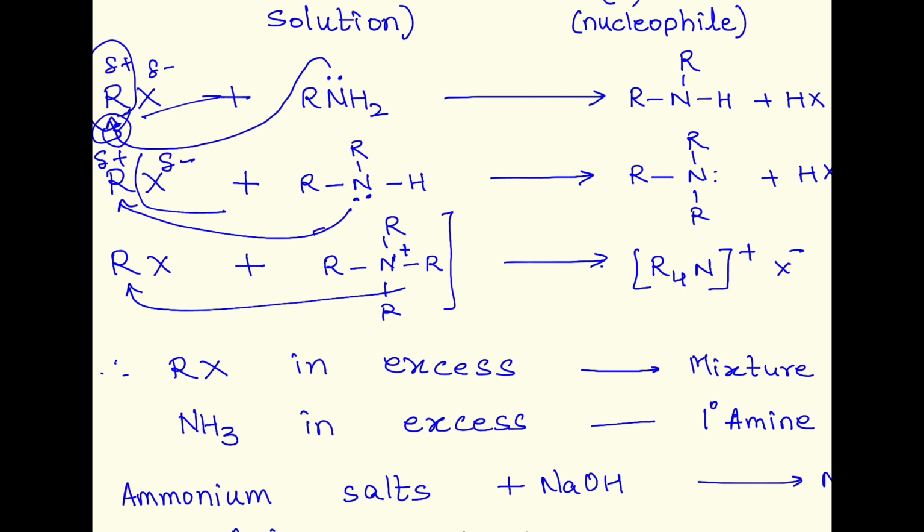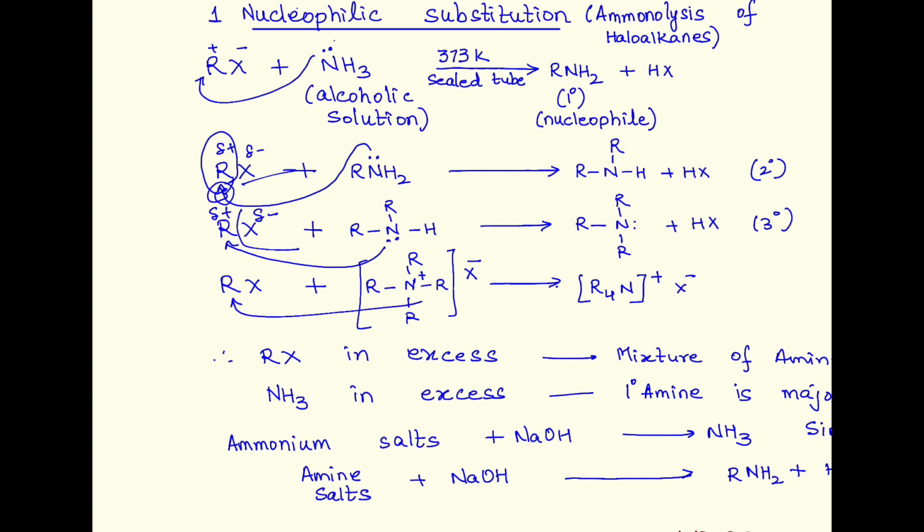In order to balance that positive charge, it attracts a negative ion, which in this case, in the immediate vicinity, is a halogen atom, and we have what we call the quaternary ammonium salts. So this particular method is giving me a mixture of primary, secondary, tertiary and quaternary ammonium salts.